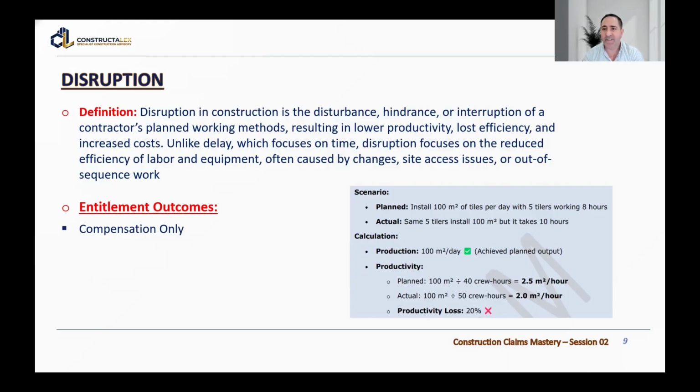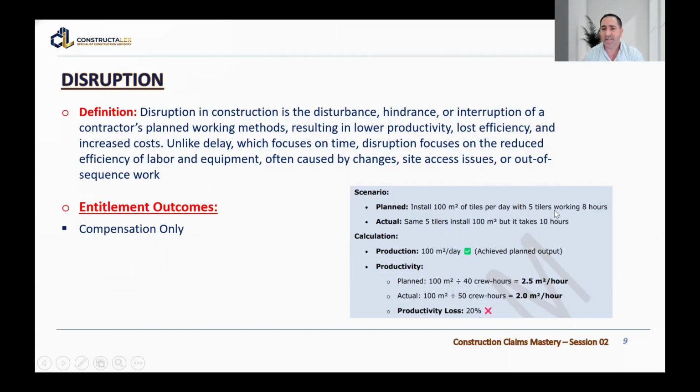caused by the disruption. So let us have a simple example. In the plan, we have installation of 100 square meters of tiles per day with 5 tilers working 8 hours. The actual is that the same 5 tilers install the 100 square meters, but it takes 10 hours.